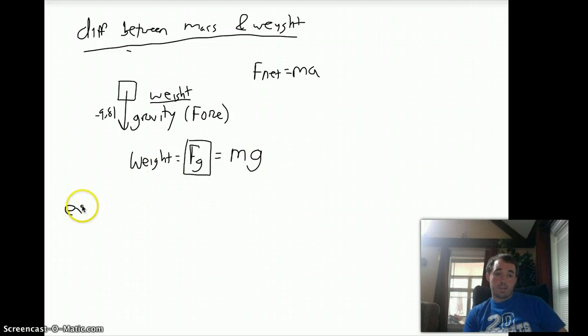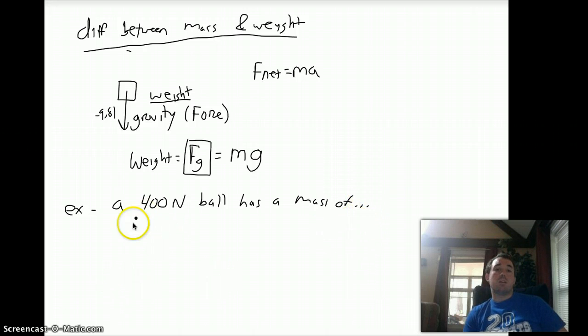So let's do an example here. A 400 Newton ball has a mass of... So 400 Newton ball. Newton tells us that that is the force, that is the weight, that is our Fg.